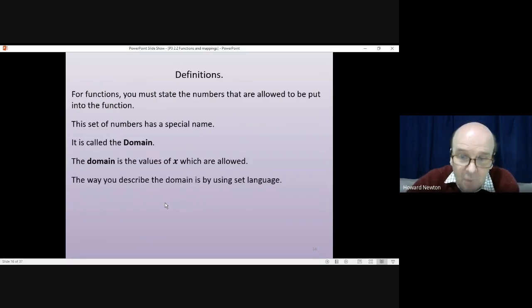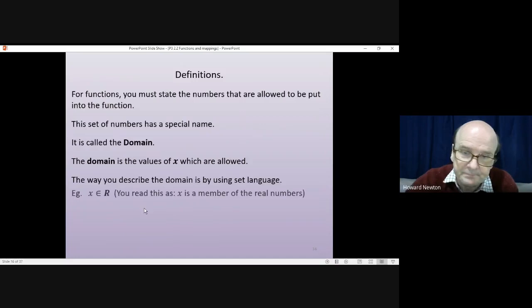The way you describe the domain is by using set language. You may or may not have seen this before. That's an example of set language there. And the way you would read that very short statement is x is a member of the real numbers. That just means x is a normal number. Nothing really weird is going on.